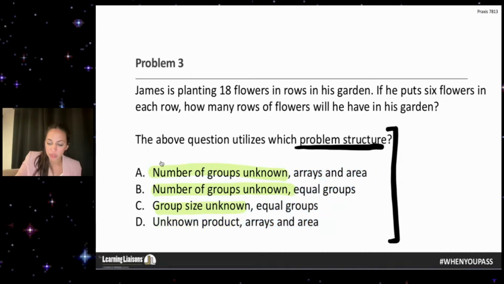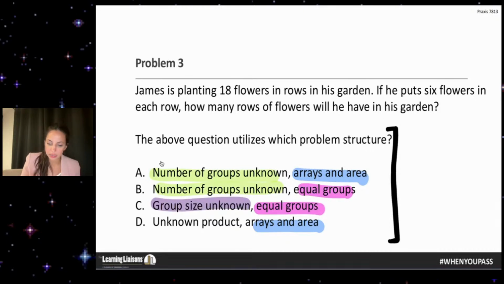So really, if I was to divide these by things that are alike, we have number of groups unknown, number of groups unknown, arrays and area, equal groups, group size unknown, unknown product. We have a lot of similar things happening here, right? So I'm looking for how are we solving the problem and what are we looking for?